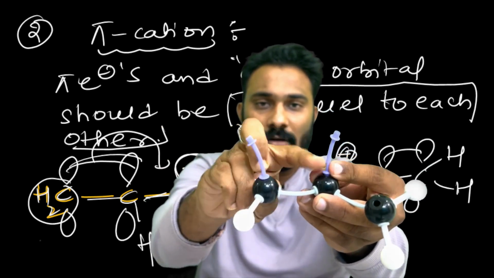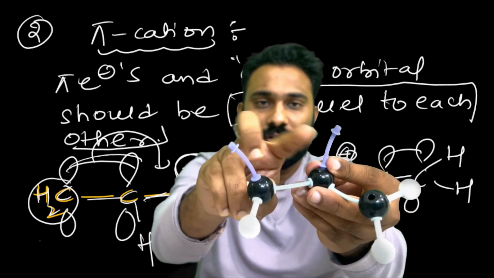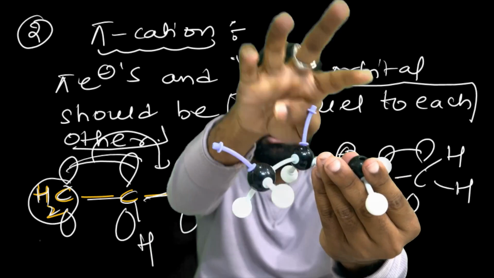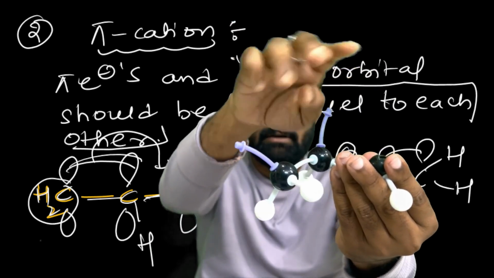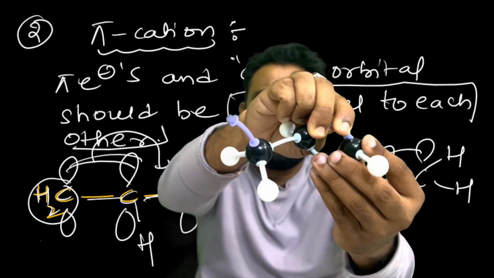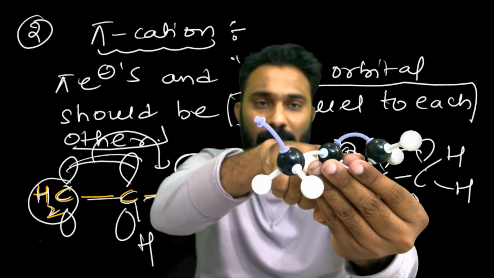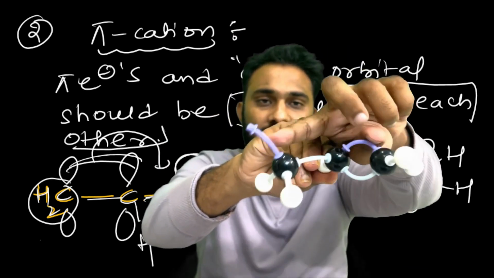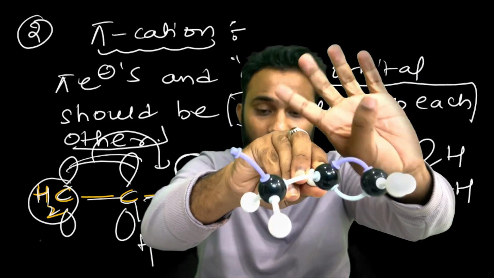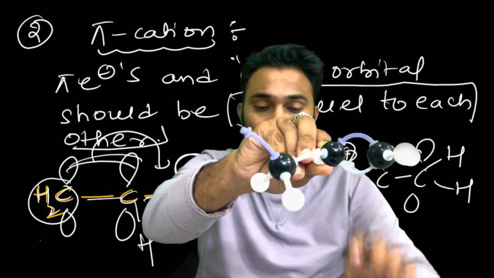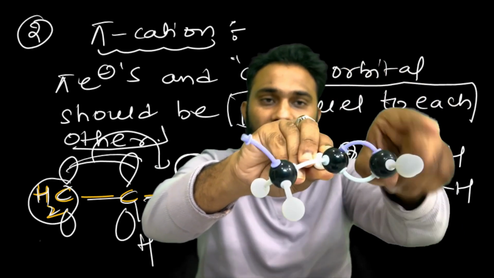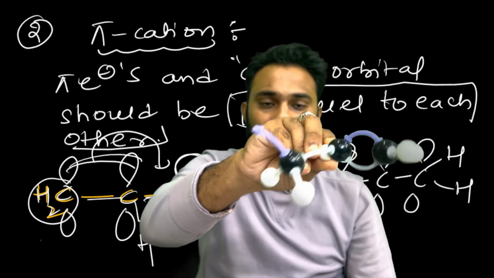Both are parallel to each other, right? These two sideways overlaps lead to this pi bond. Means this pi bond will always be perpendicular to the sigma bond, which means these two are parallel to each other, not perpendicular. Clear? That's the reason it will show the delocalization. Done? Clear?